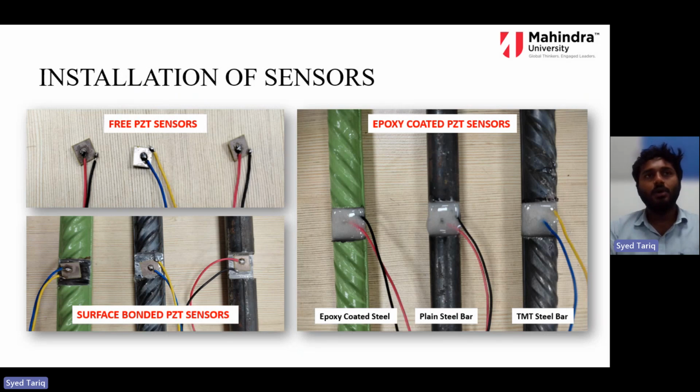The PZT sensor acts as both an actuator and a sensor. In the PZT sensor, we input electrical signals, which make it act as an actuator. It converts that into mechanical stresses, and through vibration it gives the mechanical stresses to the structure. When the waves propagate from the PZT sensor, the conductance of the material disturbs that propagation.